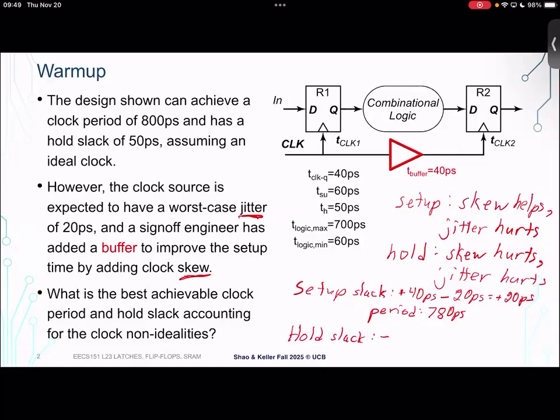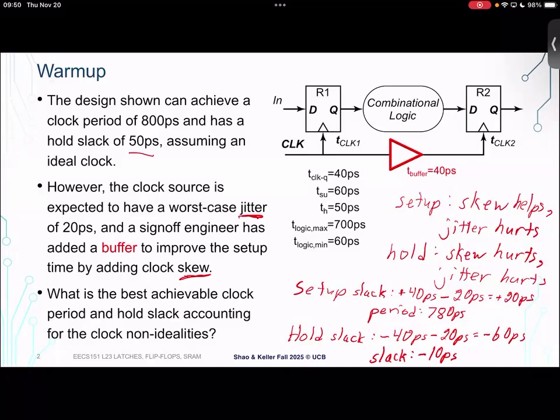We said hold hurts both ways, so minus 40 picoseconds, minus 20 picoseconds. Our hold slack at the start was just 50 picoseconds. So the updated slack is negative 10 picoseconds, which means what?